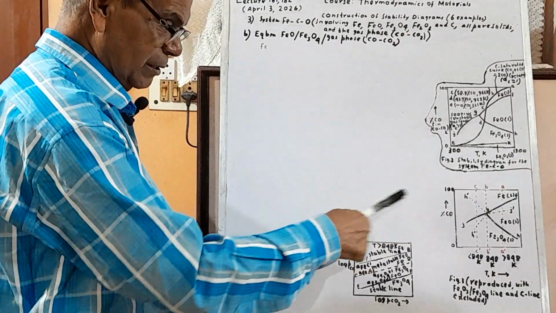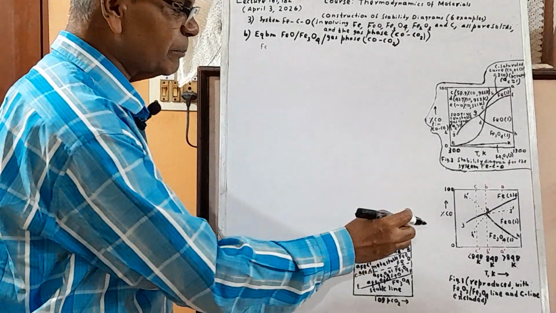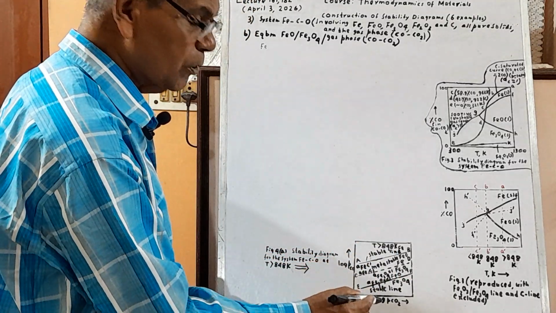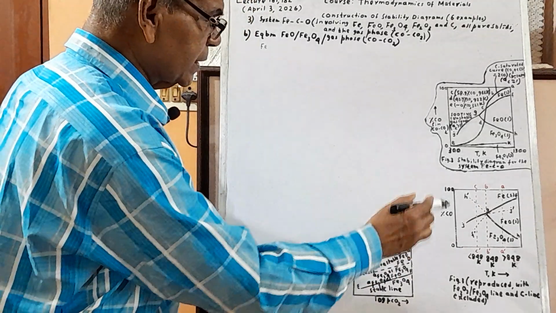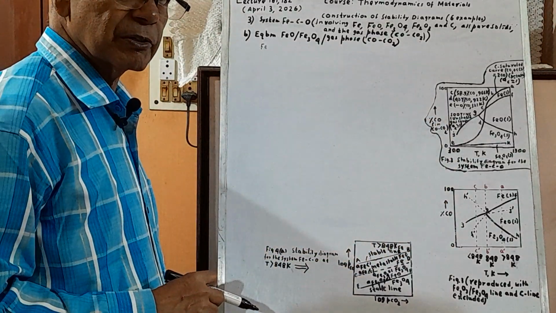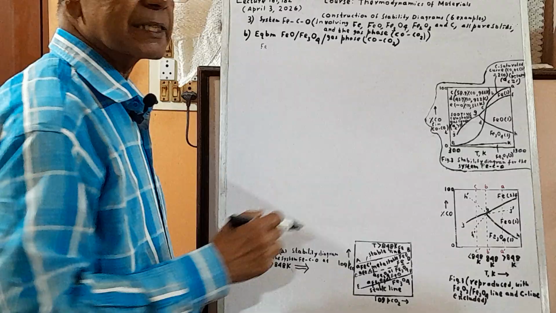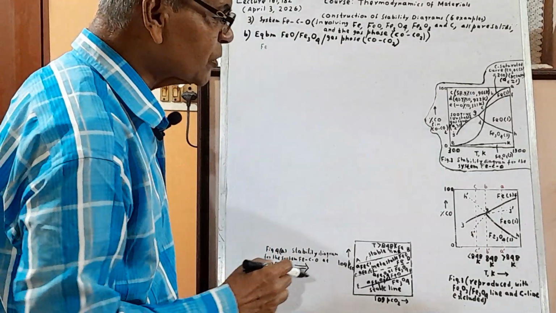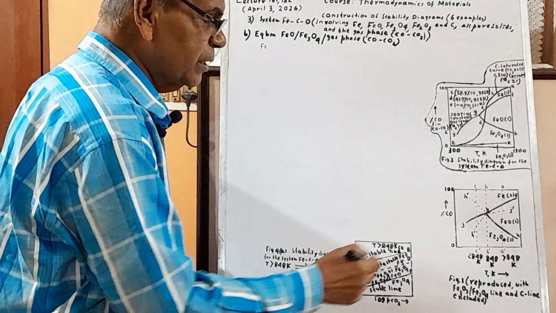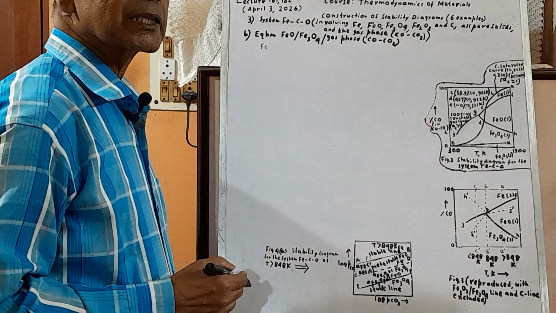This is a different plot, log PCO versus log PCO2, and it is reproduced here with some additional lines and with a somewhat different purpose. So these two will be discussed together.